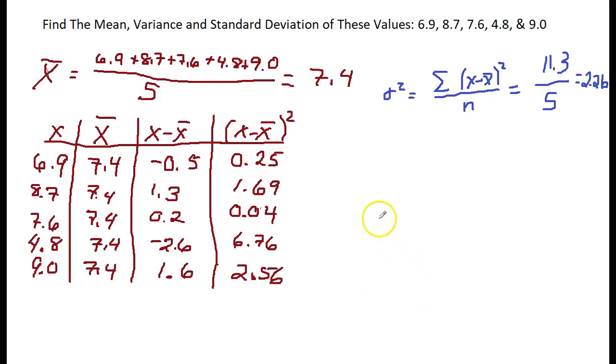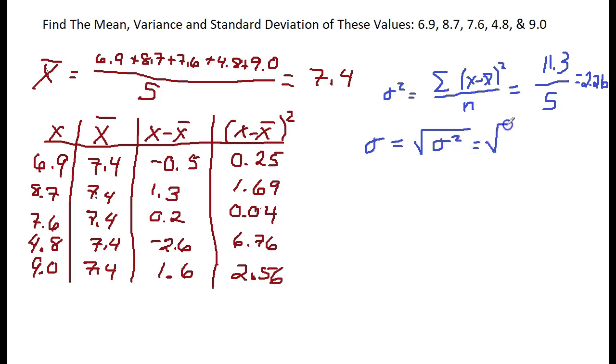Now, the standard deviation is the square root of the variance. So if the variance is the squared term, taking the square root of it, in other words the square root of sigma squared, the variance, will give you the standard deviation.